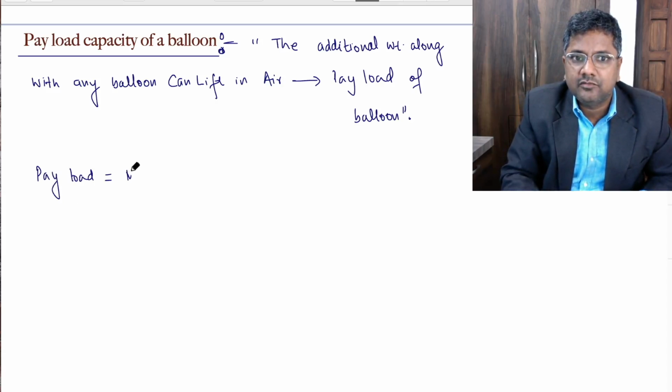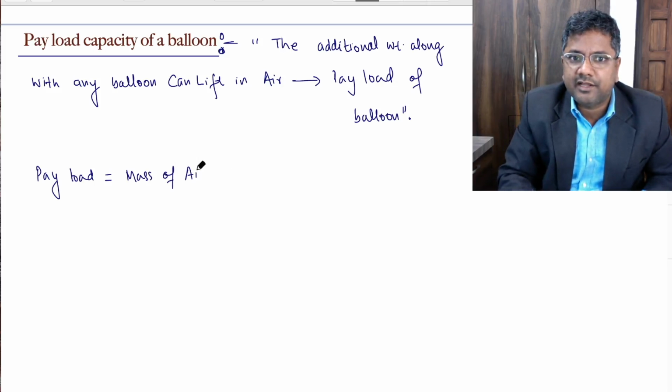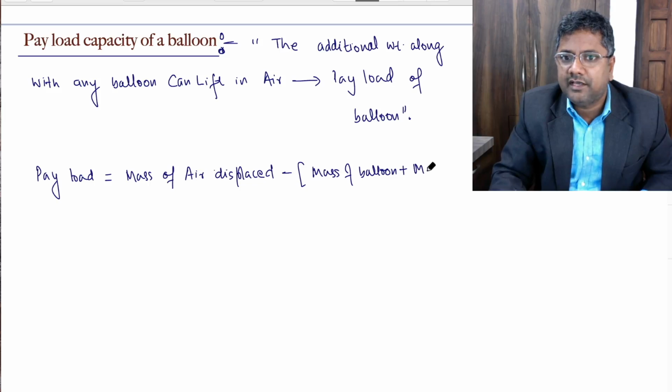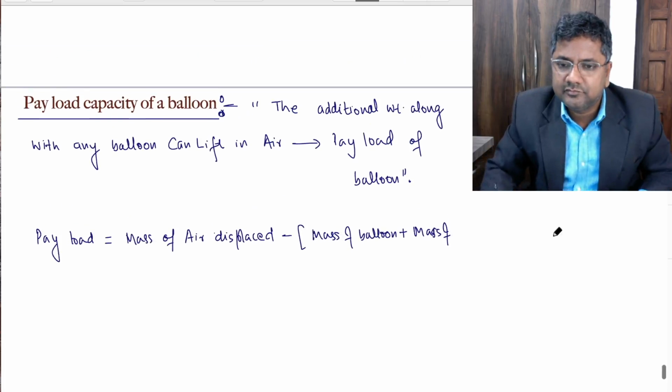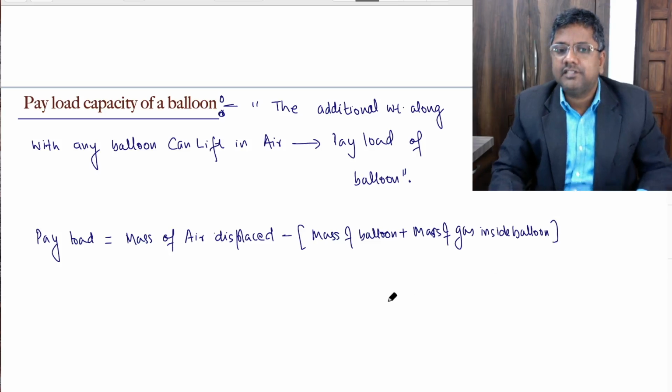So we can say payload is equal to, by Archimedes principle, the mass of air displaced minus the mass of balloon plus the mass of gas inside the balloon, right?